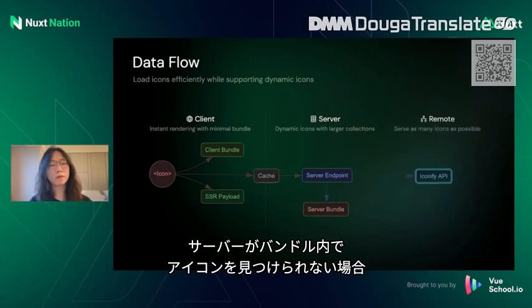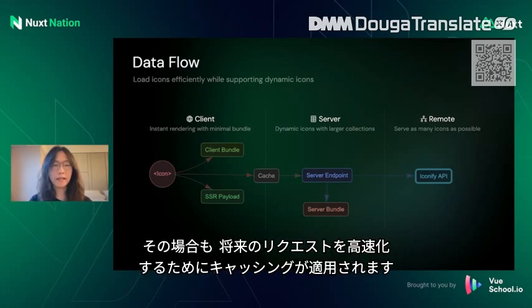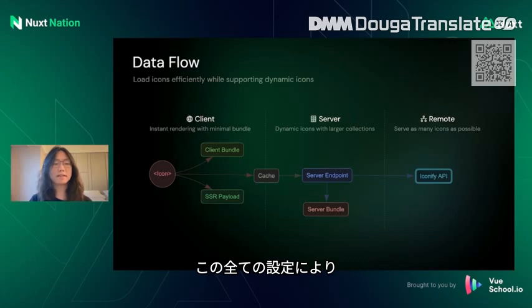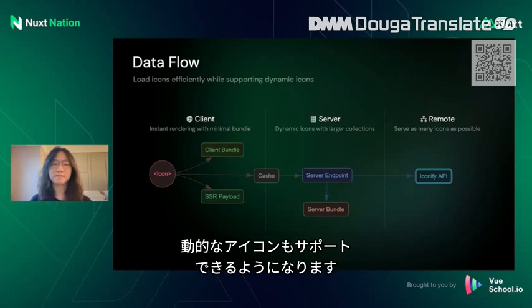If the server couldn't find the icons in its bundles, it will then request the icon from Iconify and forward it to the client. In that case, caching is also applied to speed up future requests. With all this setup, we can then load icons efficiently while supporting dynamic icons.